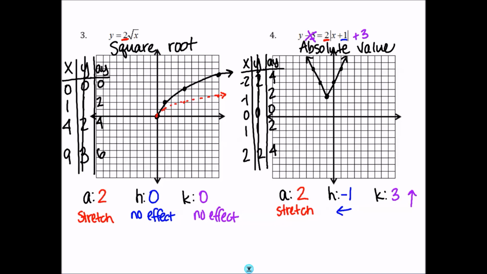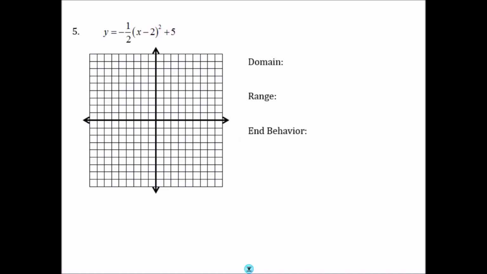Let's take a look at the last problem. This is a quadratic. Let's write out a, h, and k. Remember, a is in front of the parentheses or the radical or the absolute value bars.